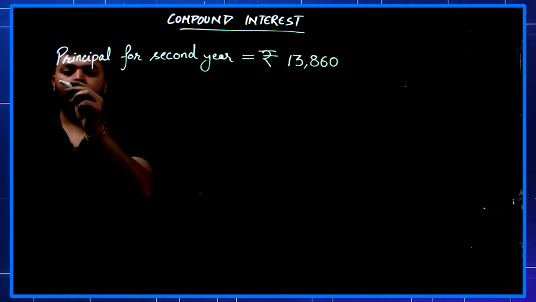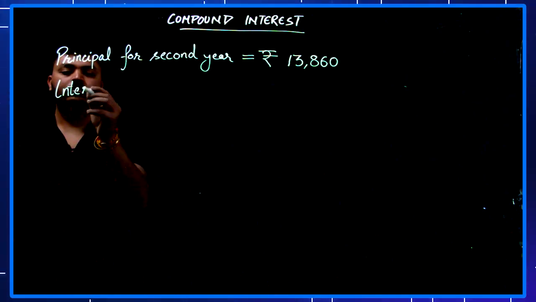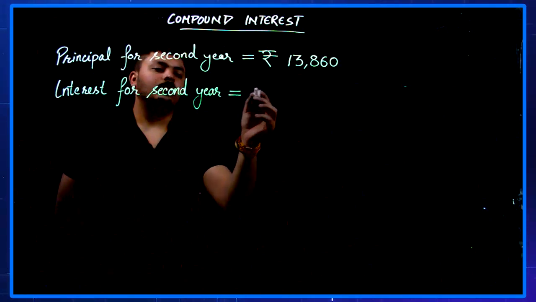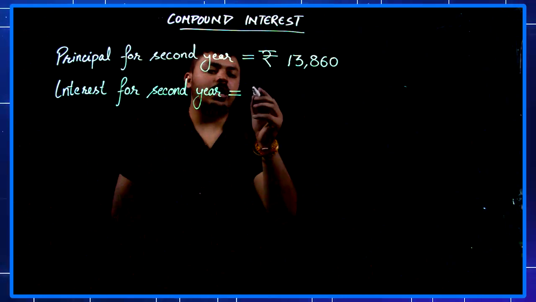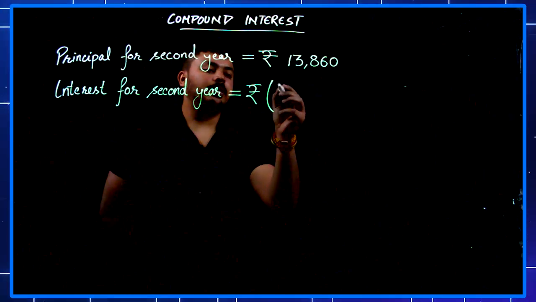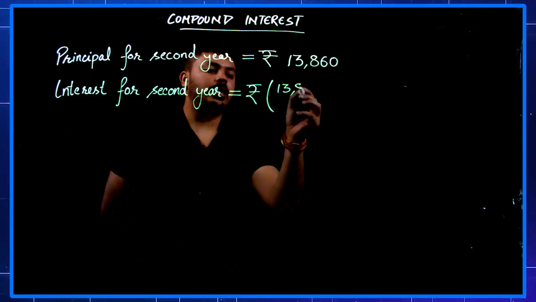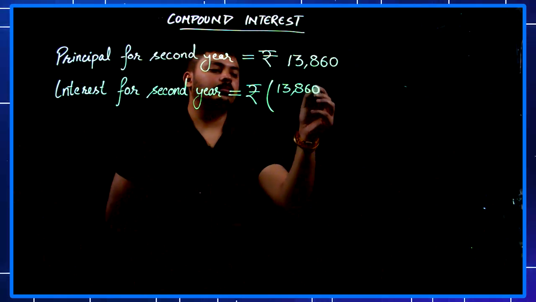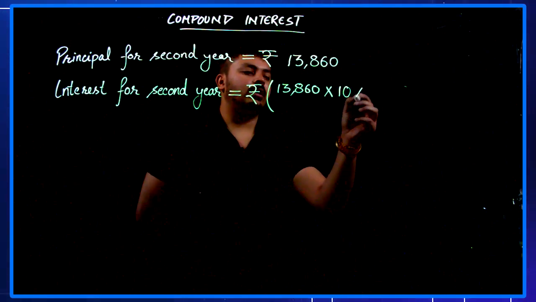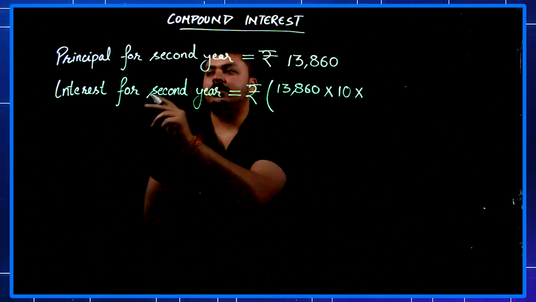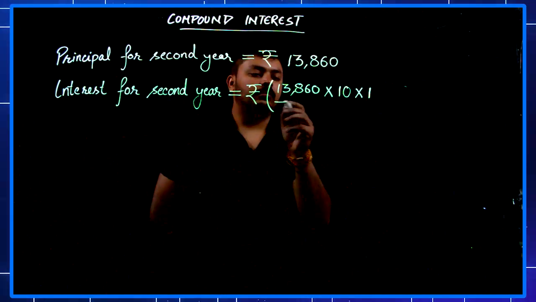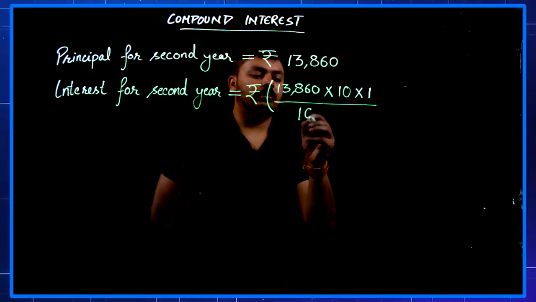So the interest for second year equals P into R into T, that is rupee. Principal is 13,860 multiplied by rate, that is 10%, and the time is 1 year as we are calculating for only second year, and divide by 100.